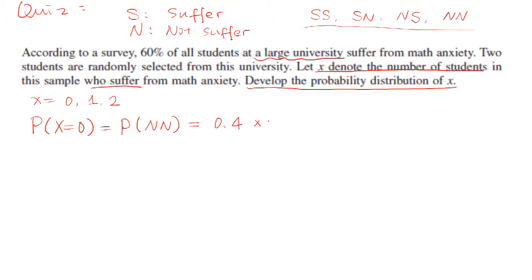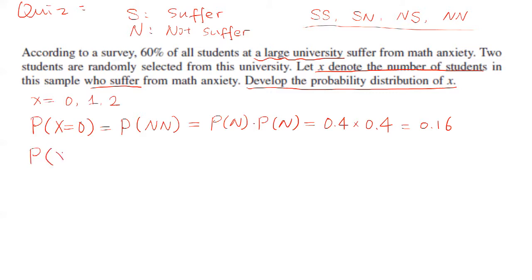Because they are independent, P(NN) is actually P(N) multiplied by P(N). So it is 0.4 times 0.4, which is 0.16. This is the probability of X being 0, right?